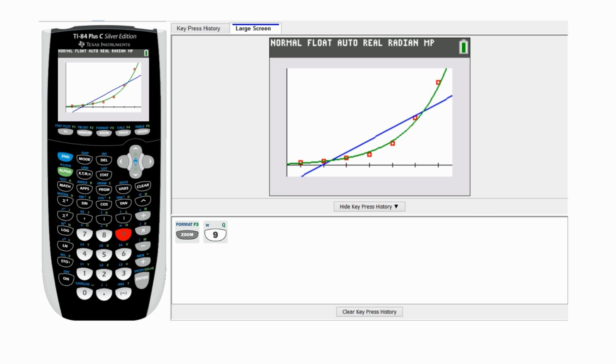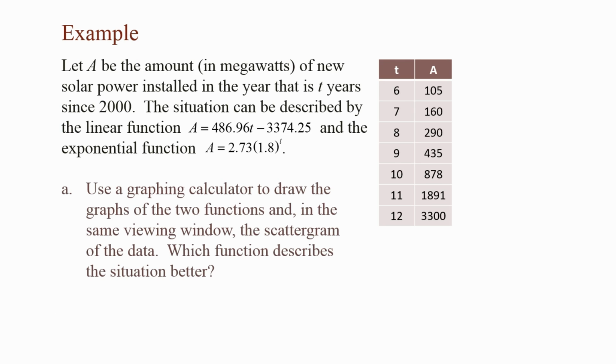The blue line, of course, is our linear function, and the green line is the exponential function. So which graph fits the situation better? The exponential function, A equals 2.73 parentheses 1.8 to the t power.